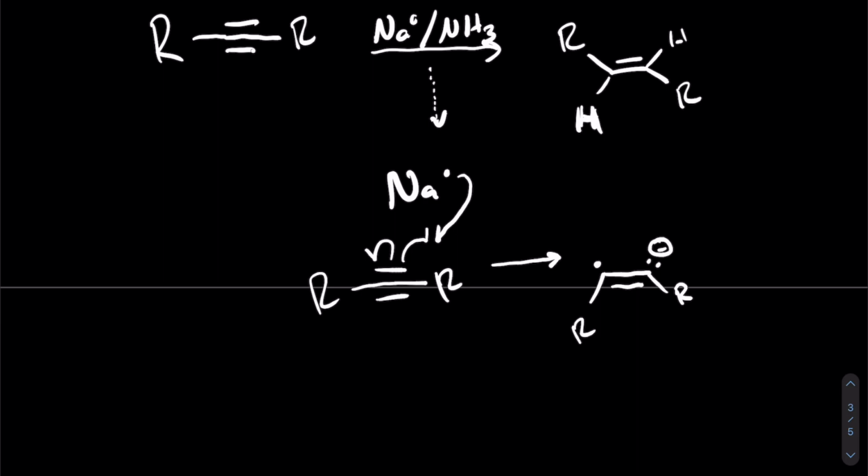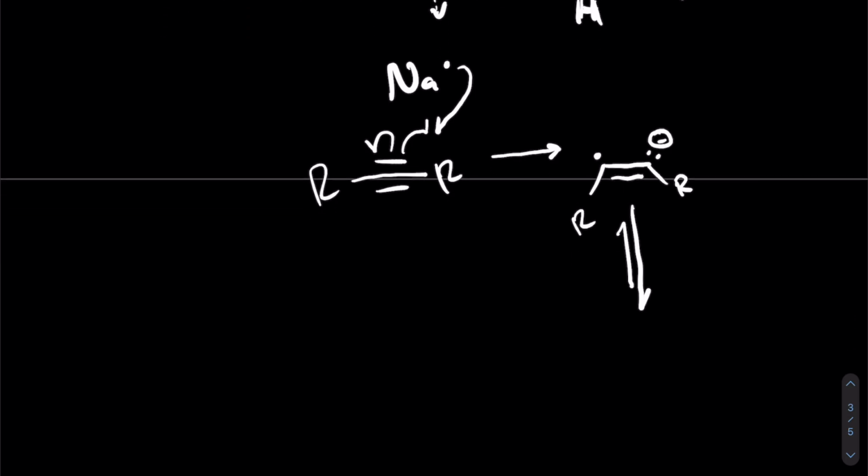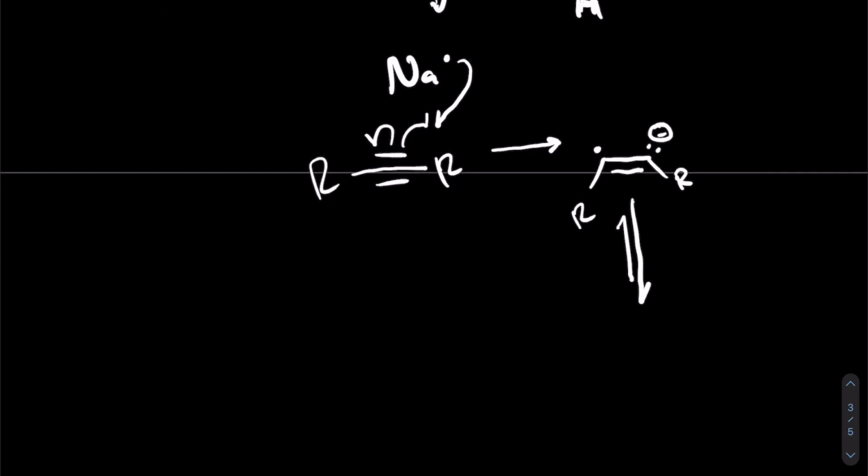So this is an intermediate, and you can have an equilibrium process here that greatly favors the rotation or interconversion. This is a double bond, and normally you don't see rotation around a double bond, and this will be covered more in OChem 2, but this can break as a double bond and then reform, and that will give you a trans system. And that forms right again.